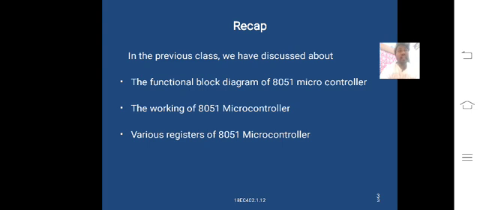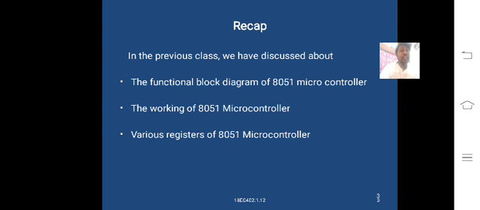crystal oscillator circuitry, and we observe the CPU along with the arithmetic logic unit, the temporary registers, A register, B register, and also some registers in the functional block diagram like the controlling registers, that is the serial control and parallel control registers, and the program status word, program counter, program incrementer, data pointer, stack and stack pointer.